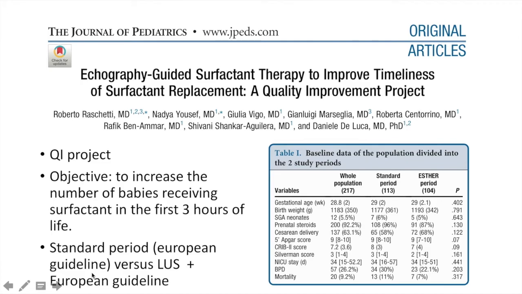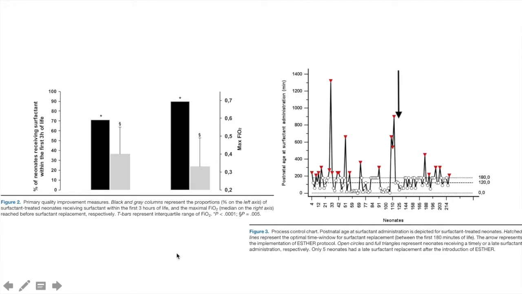And they compared 2 periods of time: a standard period when they strictly followed the European guideline, and the implementation period when they used both lung ultrasound and European guideline, whichever came first. Both populations were comparable. And you can see on the left side of the slide the percentage of neonates receiving surfactant within the first 3 hours of life.